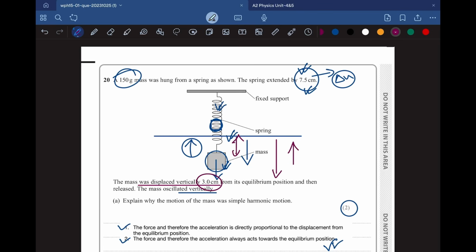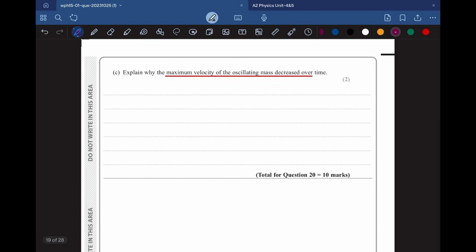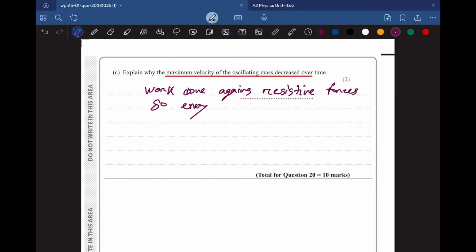So we can say work is done against resistive forces, so energy is transferred to the surrounding.